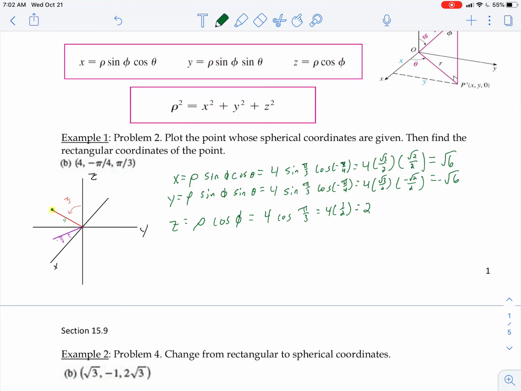And so that's 1/2. So 4 times 1/2 is just 2. And so our rectangular coordinates are just square root of 6, negative square root of 6, and 2.